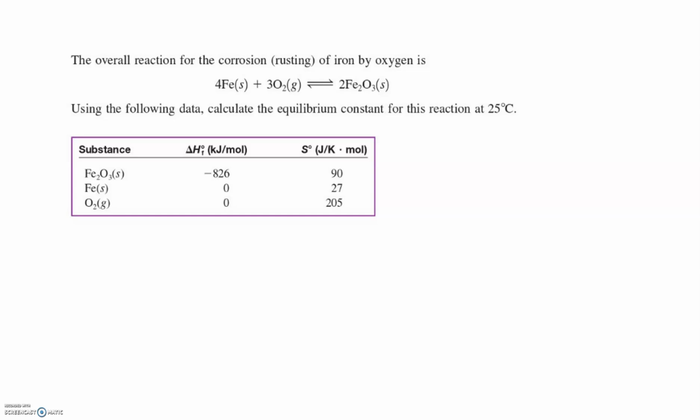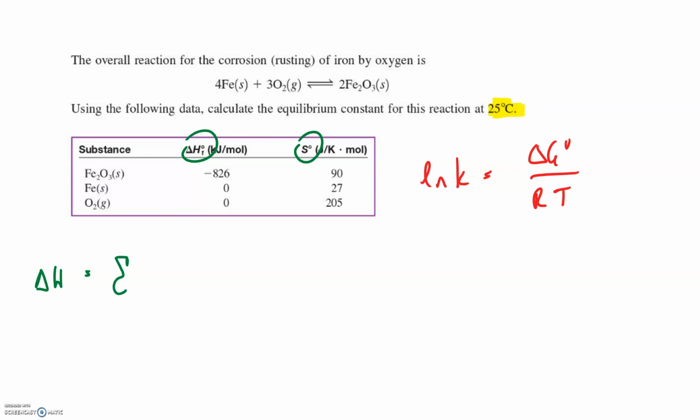What we're going to try to find out is the value for K. We know natural log of K is going to be equal to delta G under standard conditions over R times T, where T is temperature in kelvins, and we have it right here, 25 degrees Celsius. Since we're looking for delta G under standard conditions, let's use our delta H and our delta S. I'm going to find the overall delta H of the reaction simply by using the sum of the delta H of the products minus the sum of the delta H of the reactants.